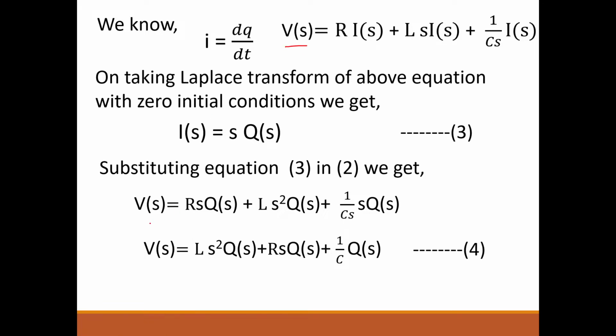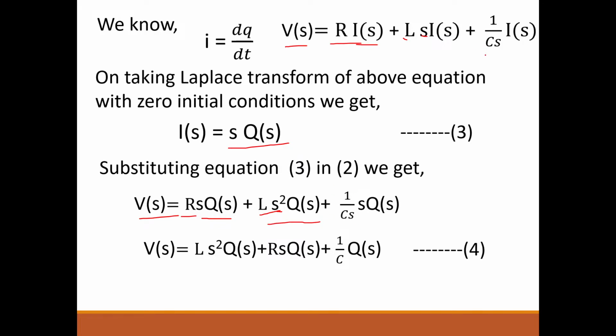V of s is there, you just write it as it is. On the right side R is there, write R as it is. Instead of I of s, write S Q of s, so R into S Q of s. L is there, write L as it is. Here S is there, you can write S as it is, and instead of I of s, write S Q of s. So S into S Q of s means S square Q of s.